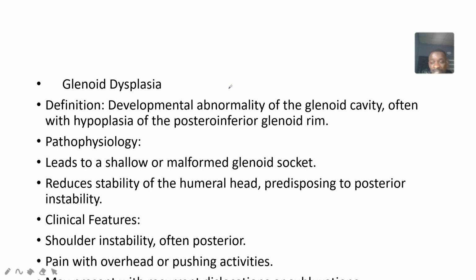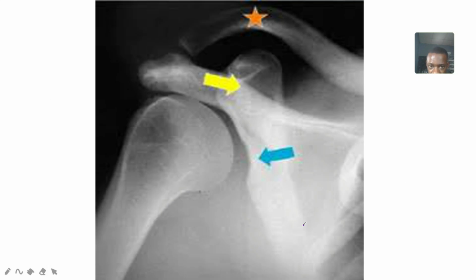So glenoid dysplasia is a developmental abnormality of the glenoid cavity. It leads to a shallow glenoid socket, instead of being deep for the humerus head. This one is shallow, so the humerus head is not fitting very well. So this can cause what?